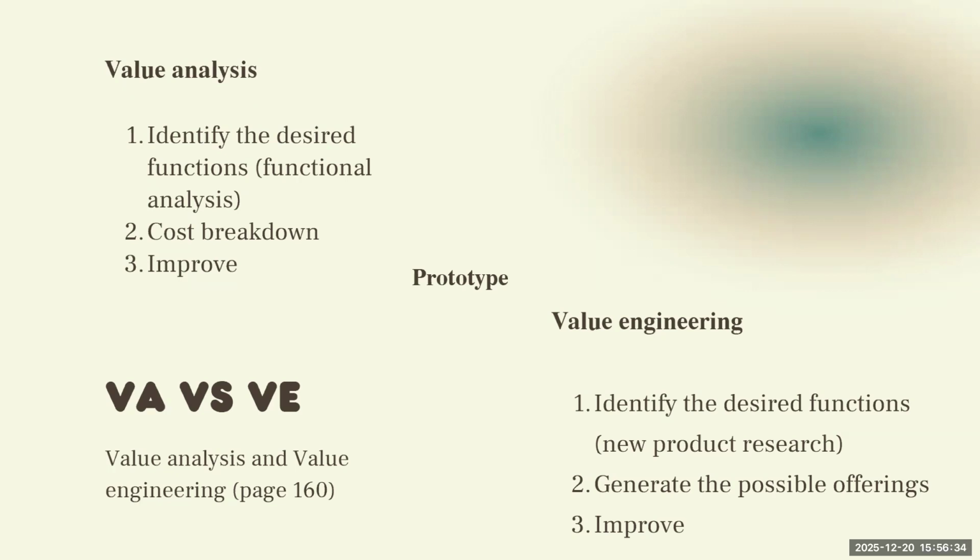So for value analysis, first, it applies to an existing product. We need to identify the design function of that product through market analysis. And we know that the customer may want certain functions, certain features. Next, we need to decide the target costing of that product or the target price of that product.